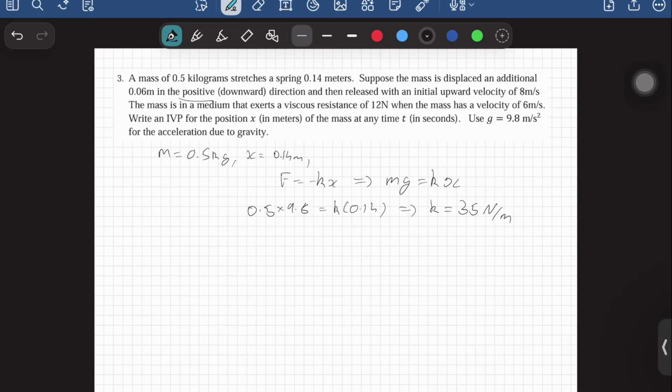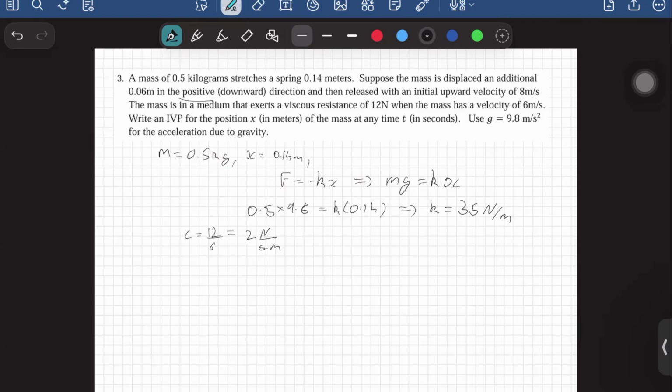And now we have to find the damping coefficient, because it's stated that the medium exerts 12 newtons of resistance when the velocity is 6 meters per second. So the damping coefficient is c equals 12 over 6, which is equal to 2 newton seconds per meter, right?